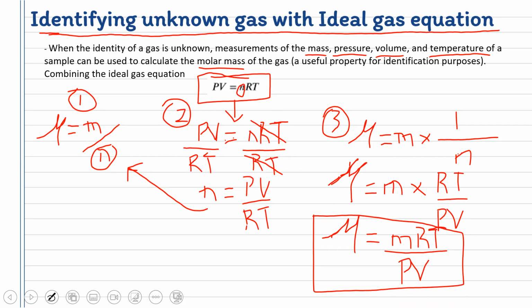And just like that, we have been able to derive another formula that helps us one step further. And this formula is going to help us identify unknown gases. That's the whole goal.